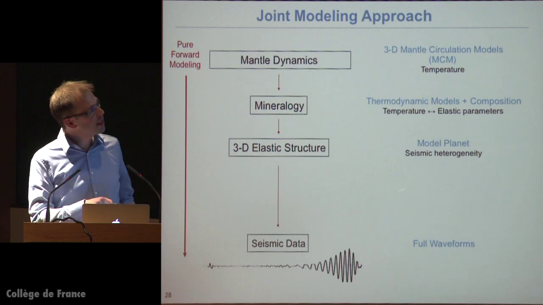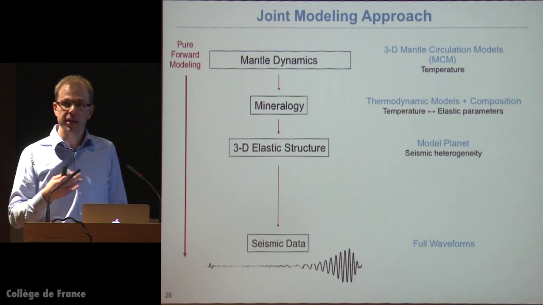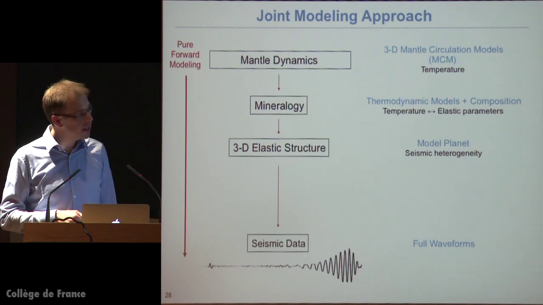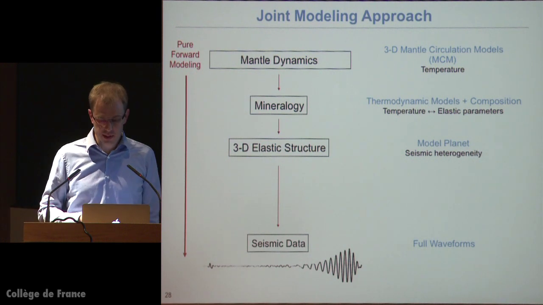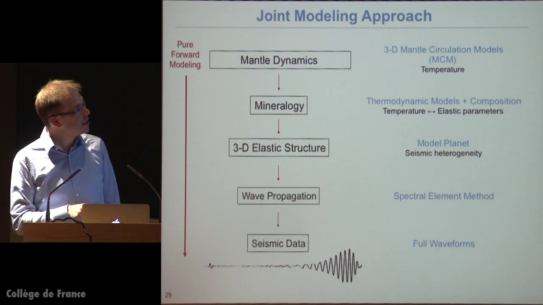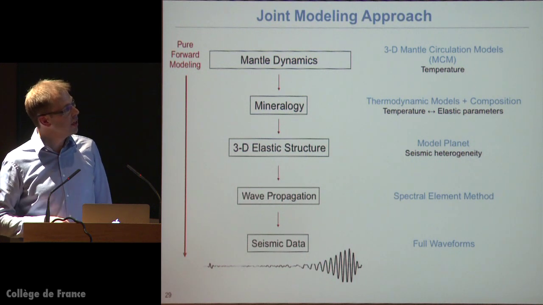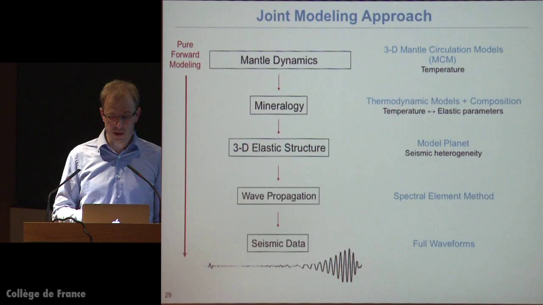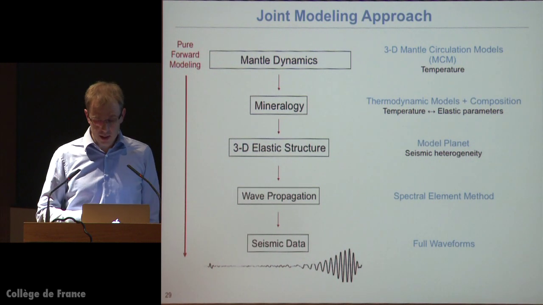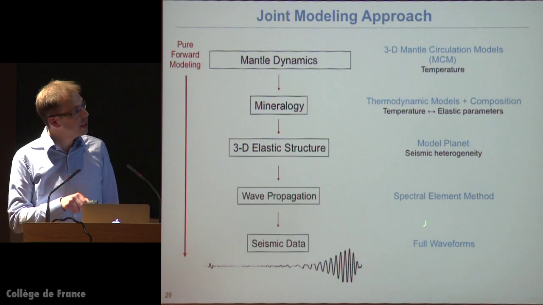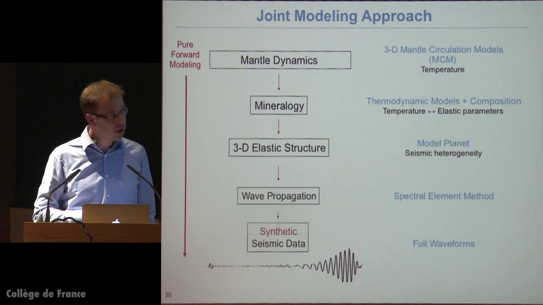So the idea was, okay, let's take the model planet and produce a synthetic seismic data set for that, and we would like to have full waveforms and not only predict travel times for other studies. We can do this by running wave propagation simulations through the model planets, and here we do that with the well-known spectral element method, which is, I would say, a standard technique now in seismology.